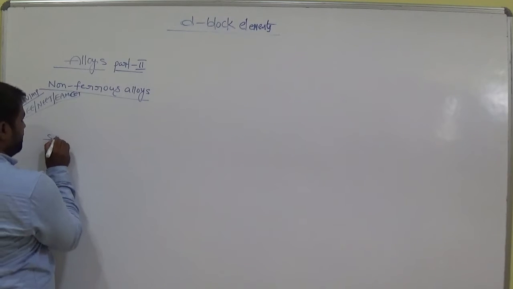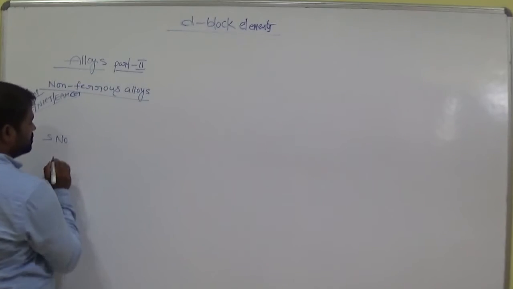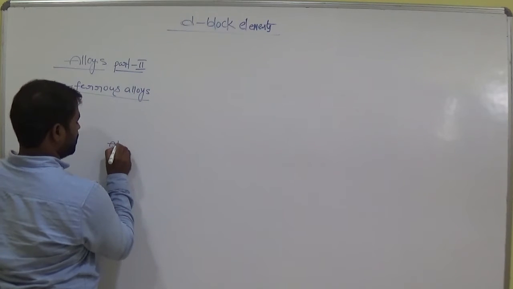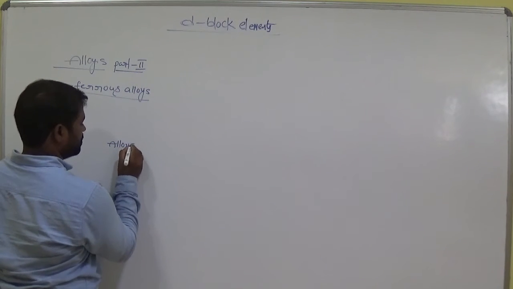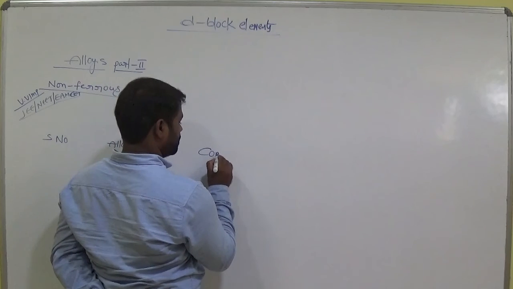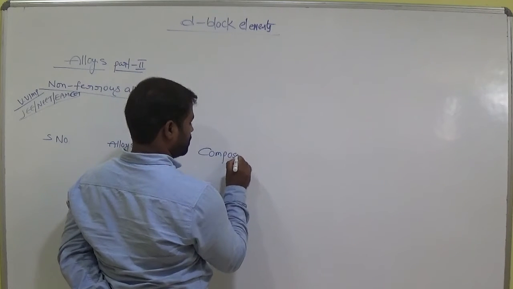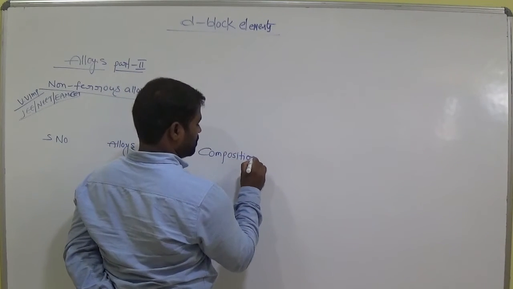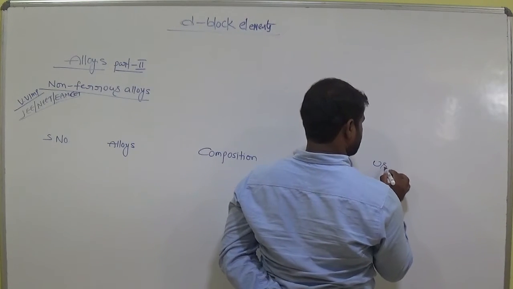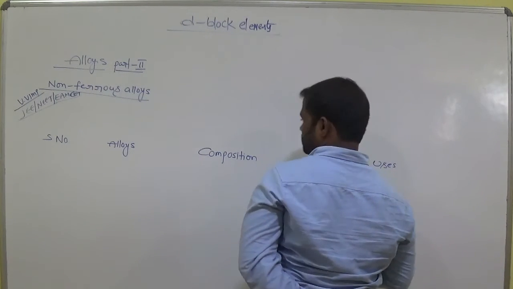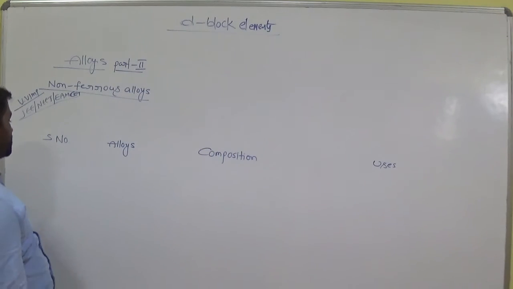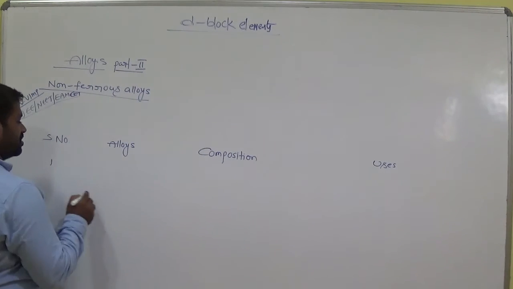Right, here, serial number 1: alloys, composition, uses of alloy. In that, the first one is brass.